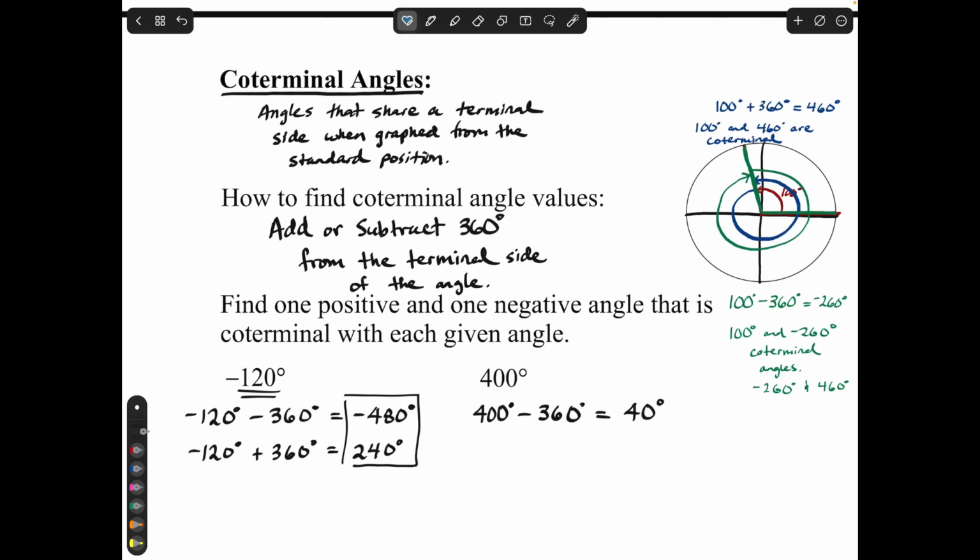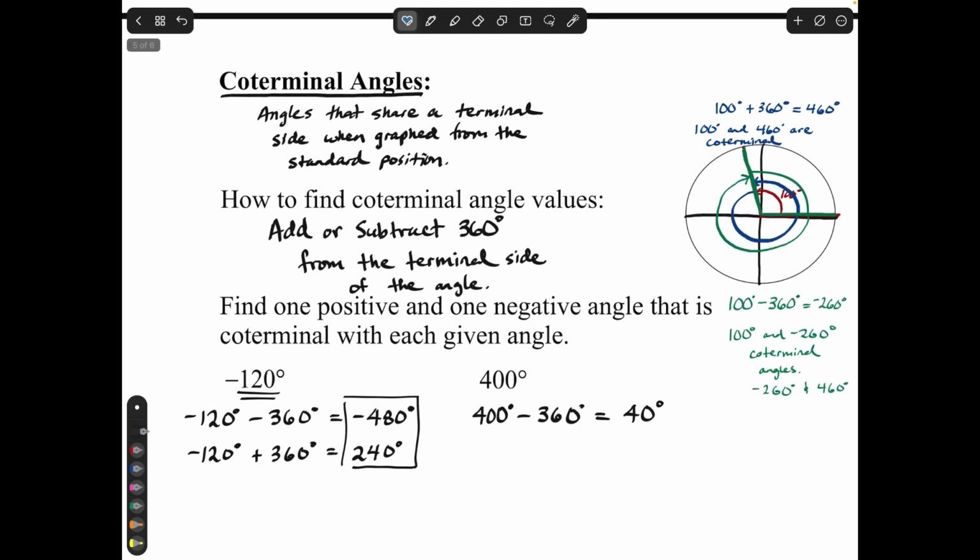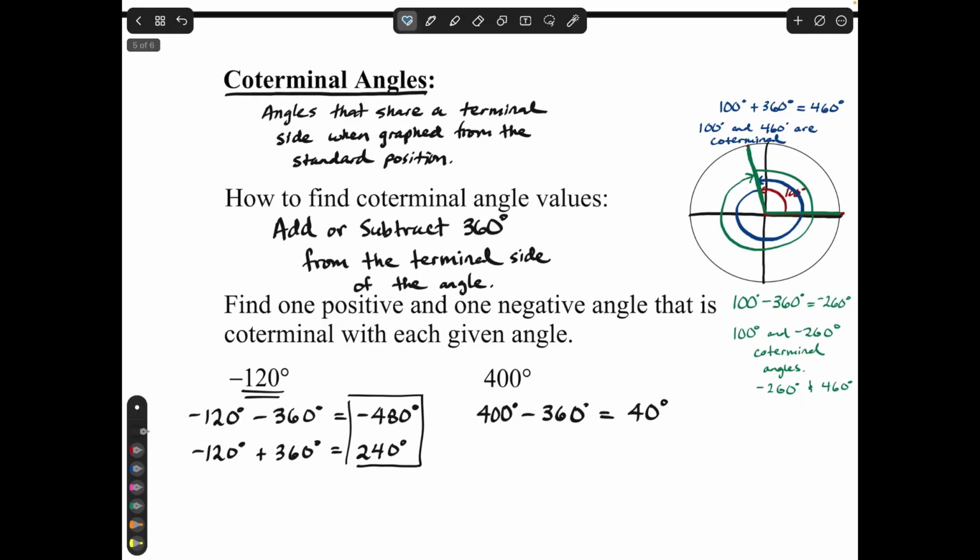So let's take 40 degrees and subtract 360 degrees more, and we would end up at negative 320 degrees. So now we've got one positive and one negative angle there that are coterminal to 400 degrees.